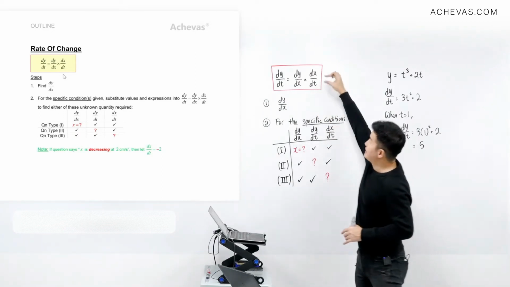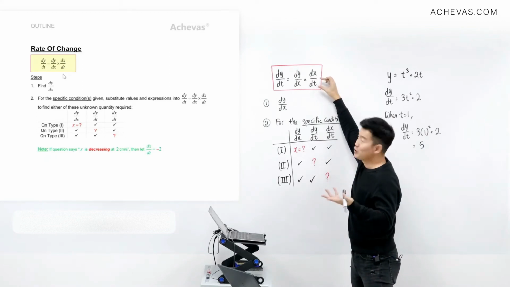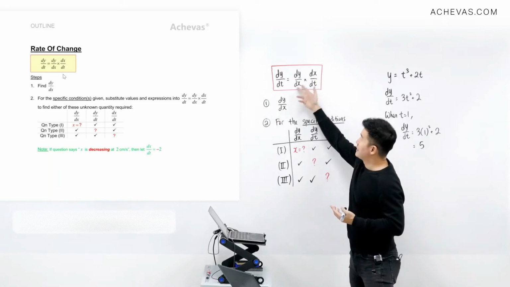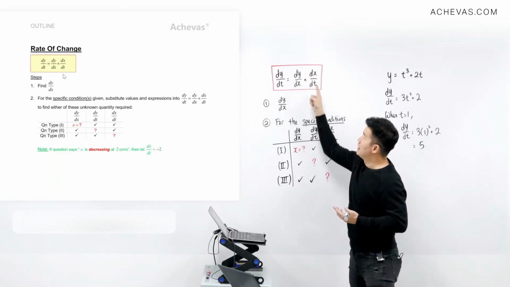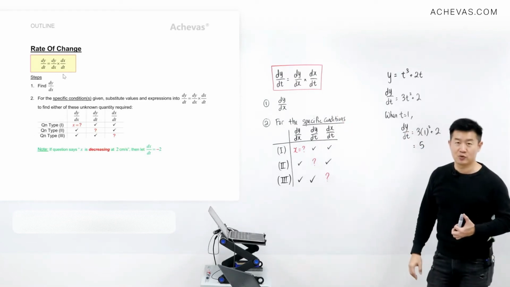It doesn't mean dx divided by dt. But just for our imagination, we can imagine dx and dx being cancelled, so I'll be left with dy/dt. So let's make it a point to memorize this rate of change equation.